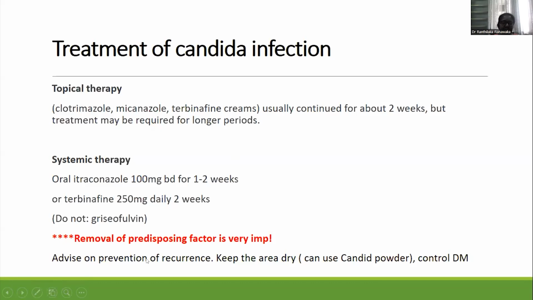So these things are very important. Therefore, for candida, we use treatment only for few weeks, 1 or 2 weeks. We just kill the candida for a short time. Then after that, they have to practice all these preventive measures. Otherwise, candida will recur again and again.